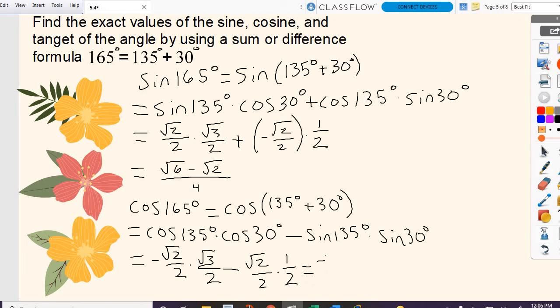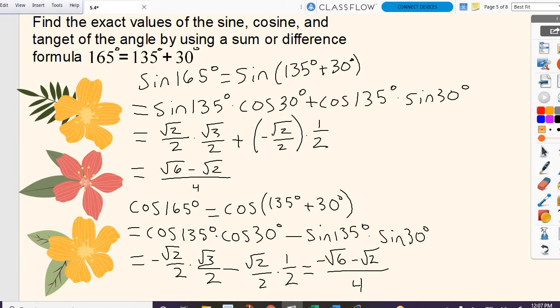So you end up with a negative square root of 6 minus the square root of 2 over 4. Like I said, the big thing to watch out for is going to be your positives and negatives.